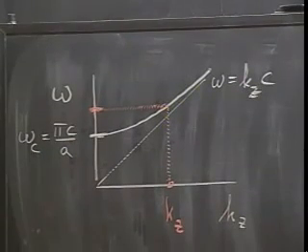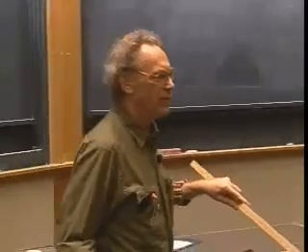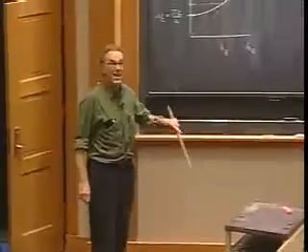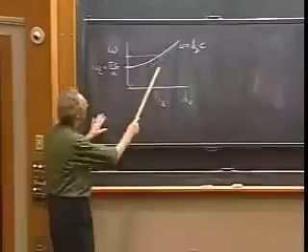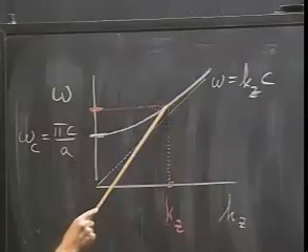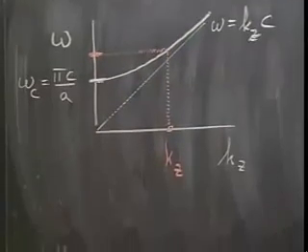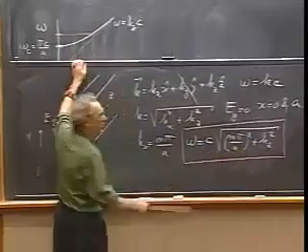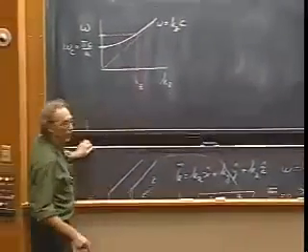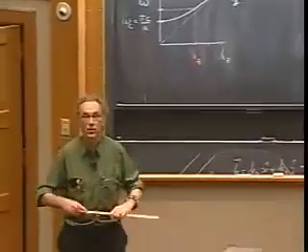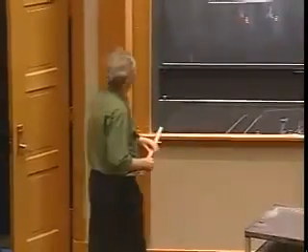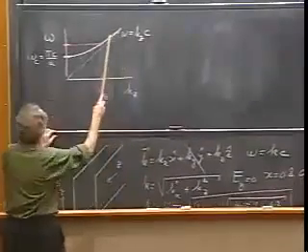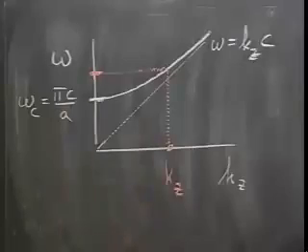Kz must adjust itself so that kx can remain what it has to be. This line, everywhere on this line, kx is the same value. And the kx value everywhere is pi over a. And so kz is being slaved to become the value that meets this dispersion relation. And that's this line. So kz settles there.